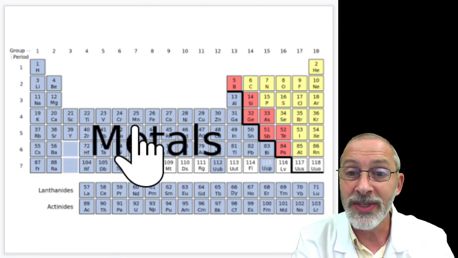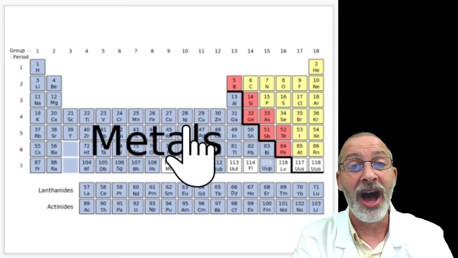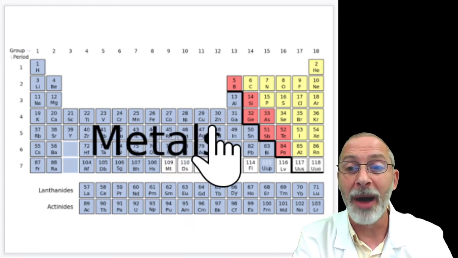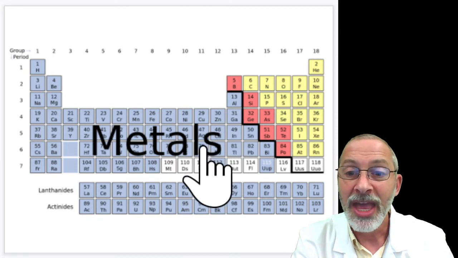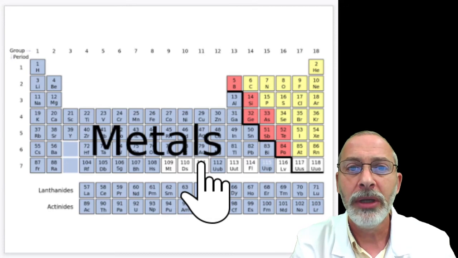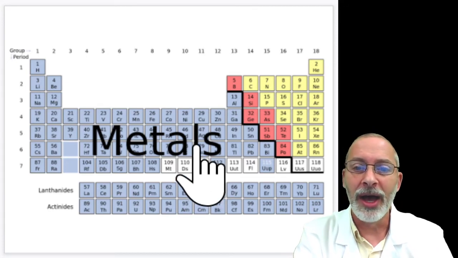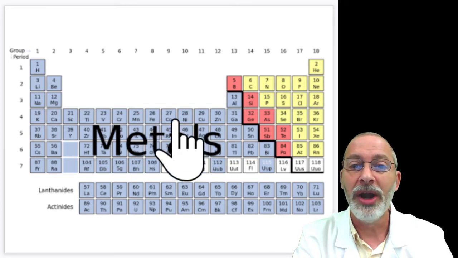For instance, Fe, there's iron, Ni, nickel, Cu, copper, Zn, zinc, Ag, silver, and below that, Au, let go my gold. Au is gold.